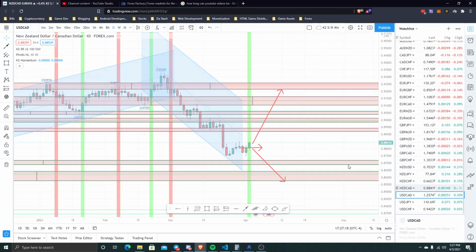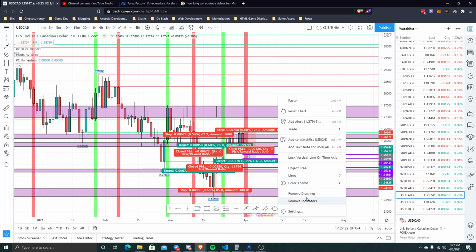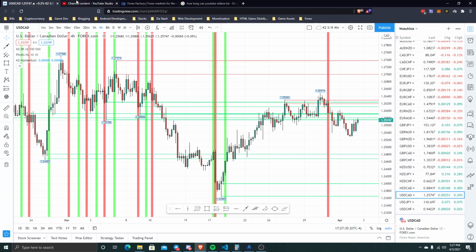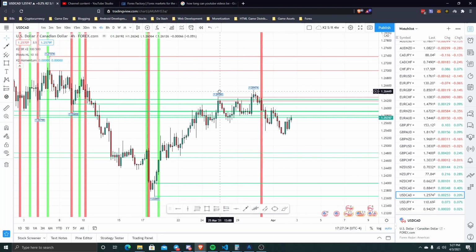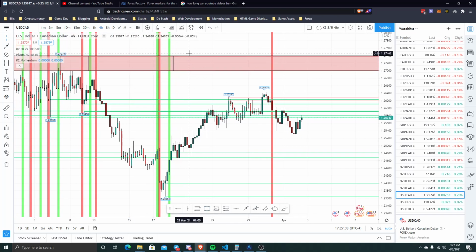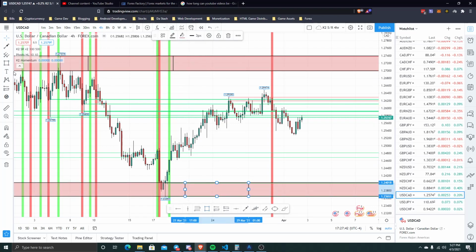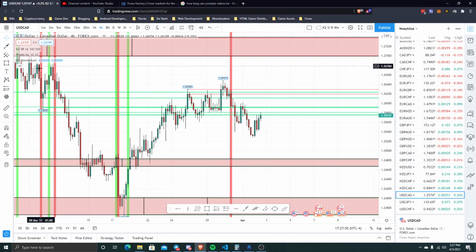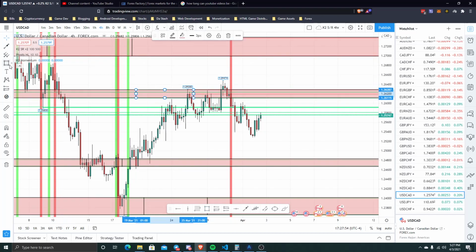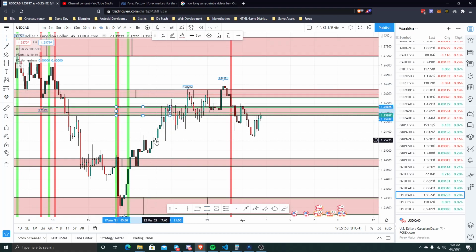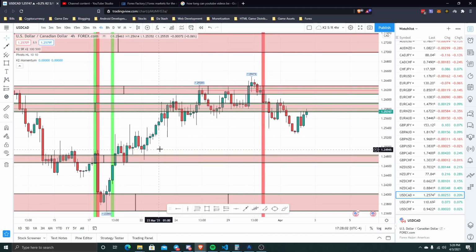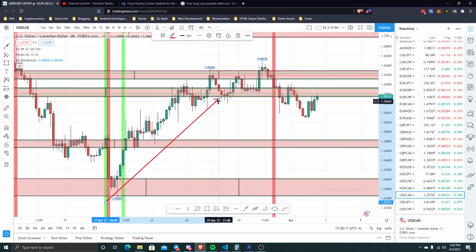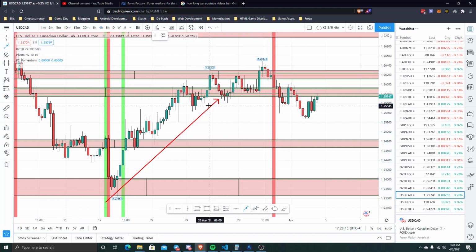So let's go to USD CAD. All right, so for USD CAD, back in March, it shot up, and then in late March up until now, it's just been consolidating, as you can see here.